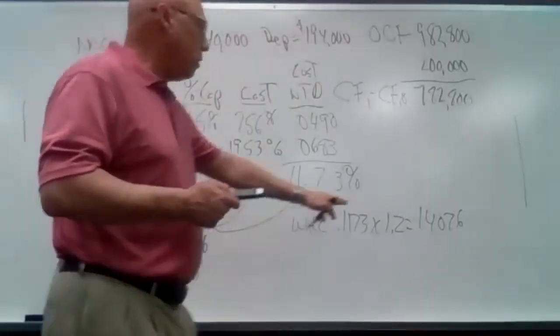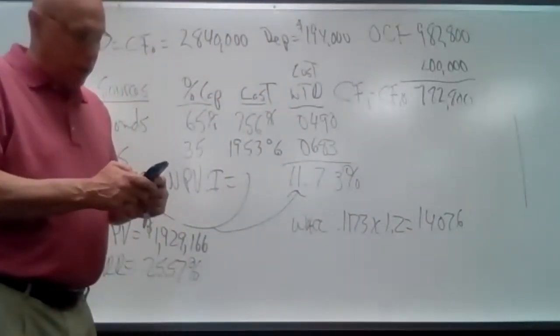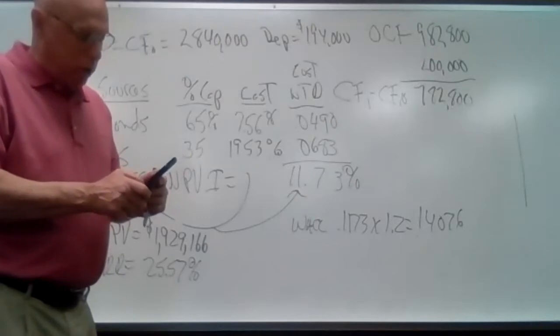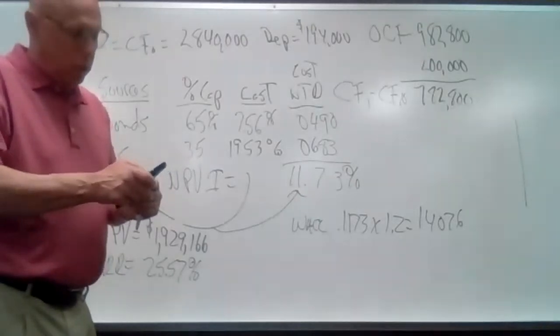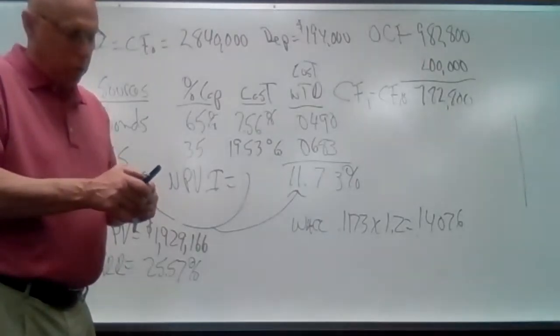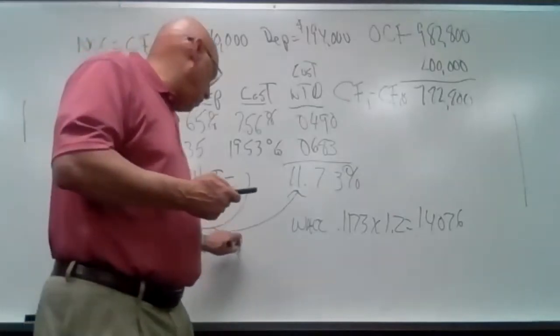So where does that go in? We go back to NPV. I equals 14.076. Enter, down arrow, and compute. And what's our risk adjusted NPV?